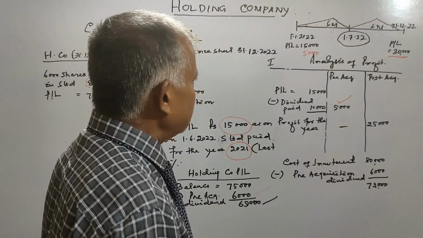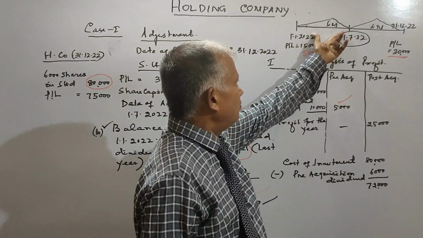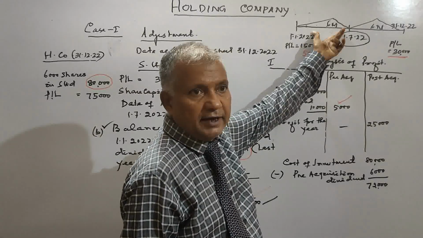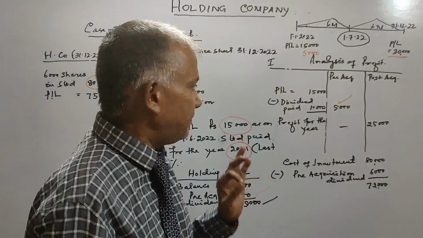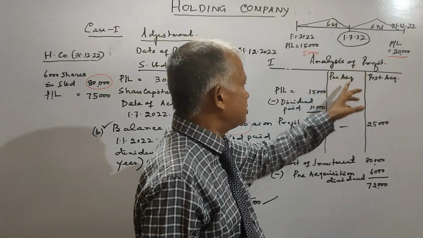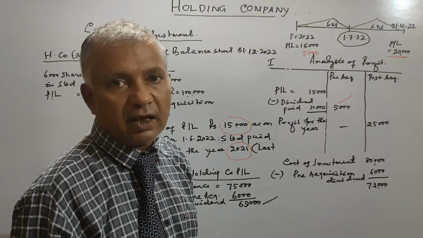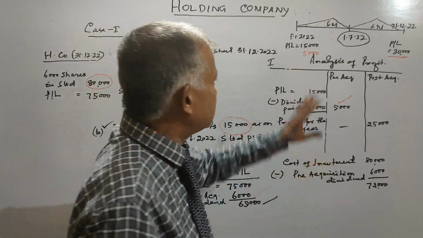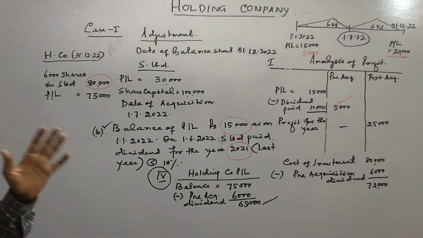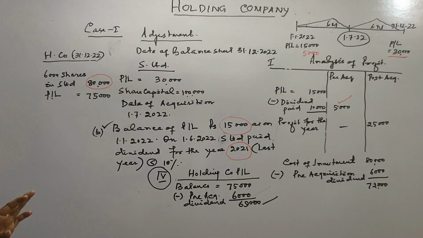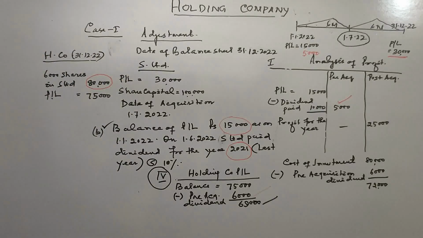So profit during the year is 25,000, out of which 12,500, that is 6/12, for 6 months is pre-acquisition profit, and post-acquisition profit is also 12,500, because during the year profit will be distributed between pre and post-acquisition period, 6 months, 1:1.